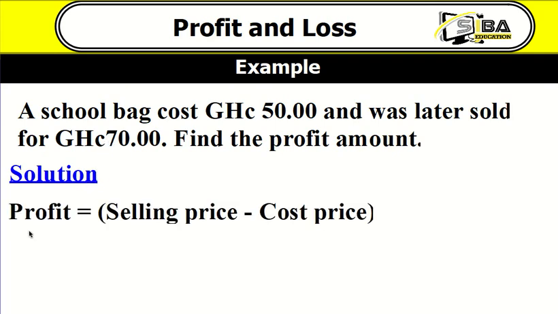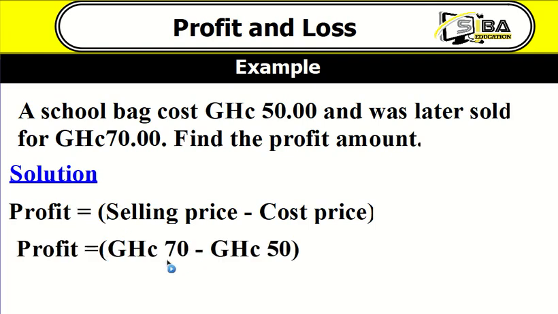We are looking for profit, and profit is equal to selling price minus cost price. The selling price here is 70 cedis and the cost price is 50 cedis. Let's subtract to find the difference. The difference is 20 cedis. So the person who bought the bag made a profit of 20 cedis.